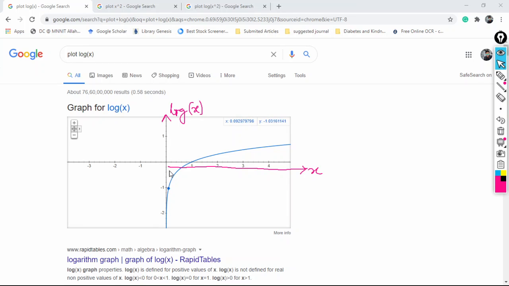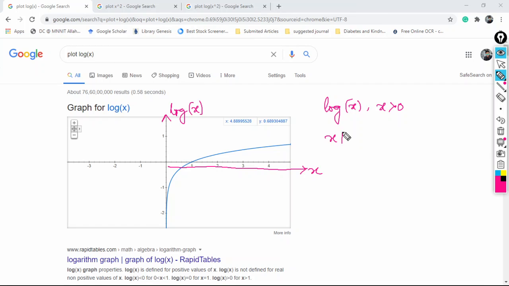If we increase our value of x, then the value of y is also increased. So this is a monotonically increasing function because we increase the value of the argument, that is x, the independent value, and the function value increases. Log x is defined only for positive values.